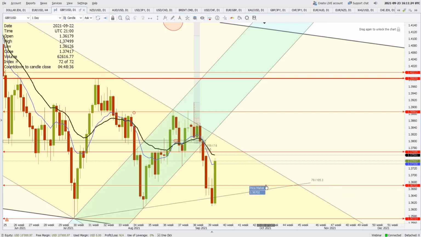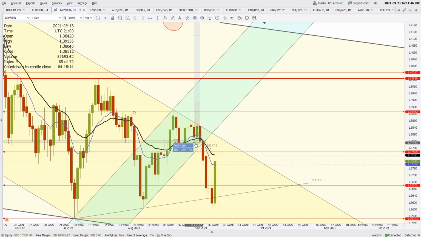So the next trading opportunity is sitting at 1.3768, and on an intraday chart the price has made a high of 1.3749, almost 18 pips away from the high of today's candle where the resistance is sitting. So I'm expecting this level to be held as a resistance.